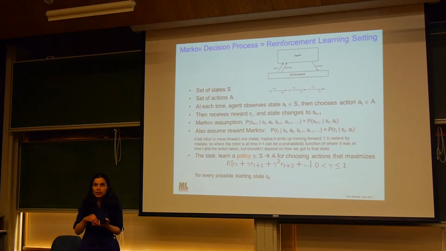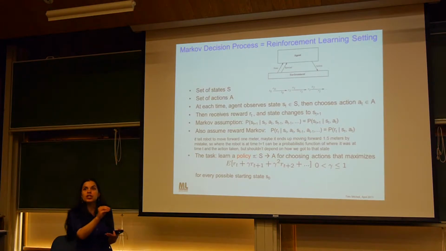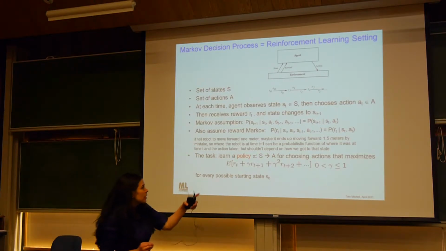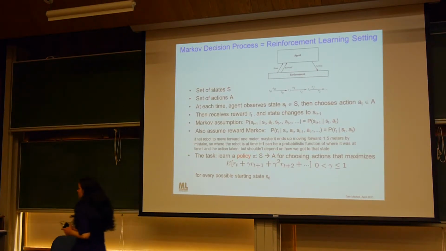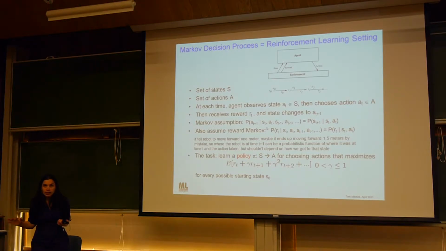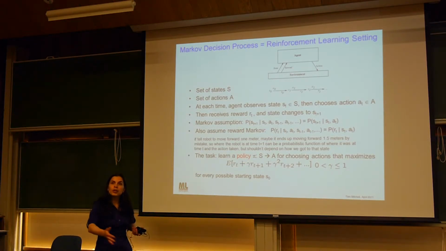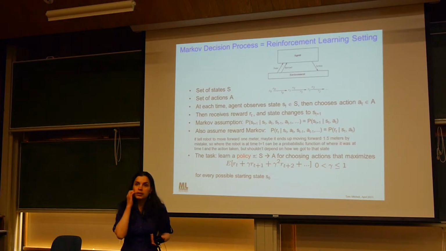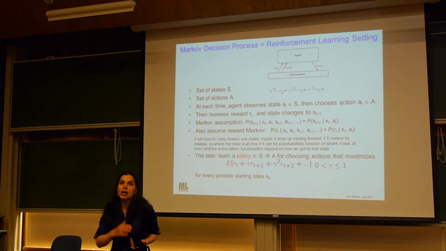If I'm in the state, the robot knows exactly what action he wants to take. But when he takes that action, it might be that the transition is not deterministic. So if I'm in a certain state, say ST, and I take a certain action AT, the new state that I get into could be probabilistic. So this is where the randomization comes in.